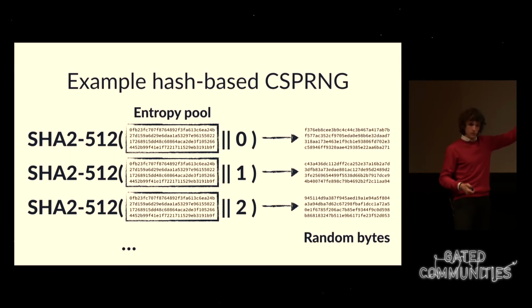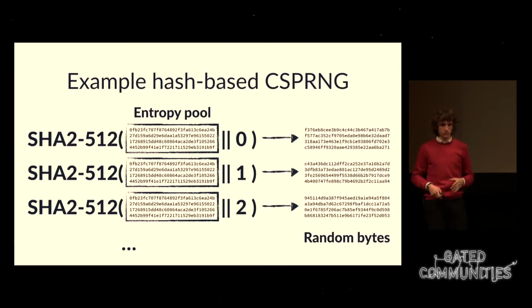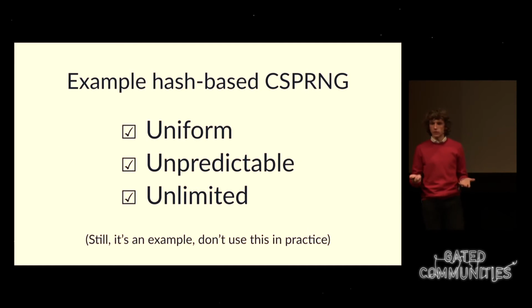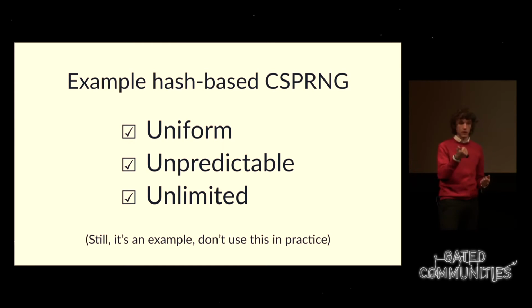Let's think about it for a second. We said that hash functions are not invertible. So even if you know one of the outputs, you can't get back to the entropy pool. And we said that with hash functions, all the bits in the input affect all the bits of the output. So even if just the counter changes between one run and the other, the output is completely unrelated. So did we get what we want? It's uniform, because we said before, hash functions' outputs are uniform.